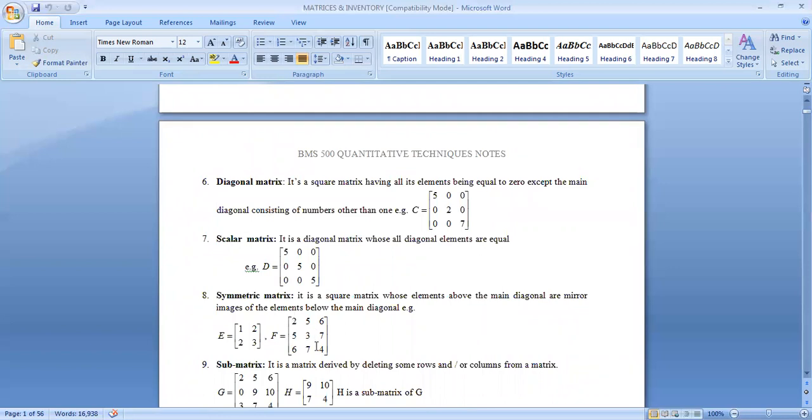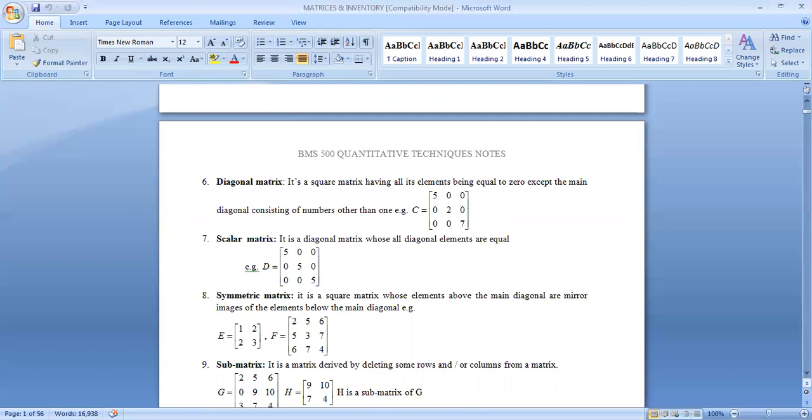So the main diagonal acts like a mirror line. That is what we call a symmetric matrix.